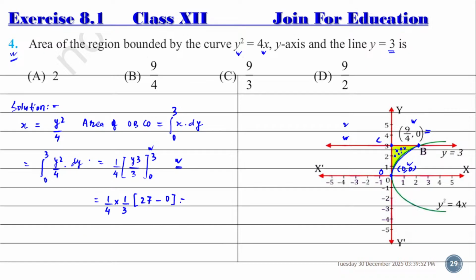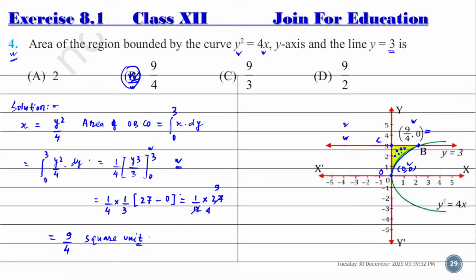So we get 1 by 12 into 27, which is 9 by 4 square unit. So 9 by 4 is in option B. So the correct option of this question will be B.